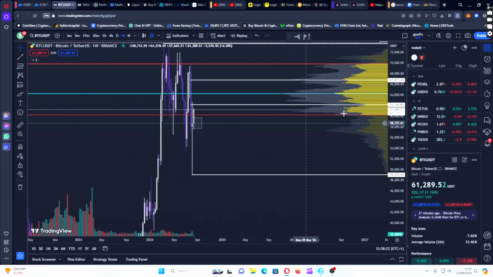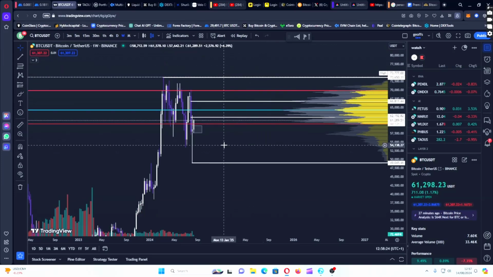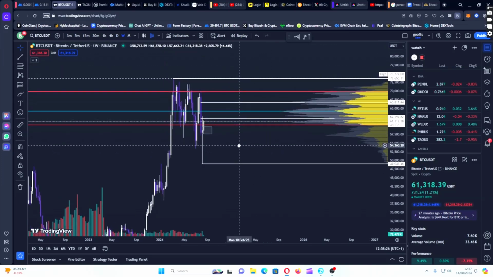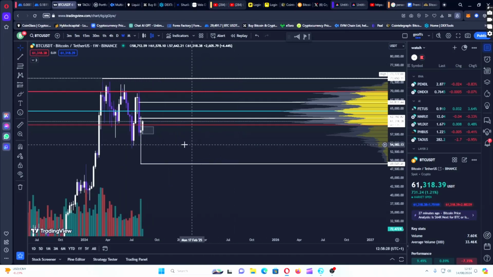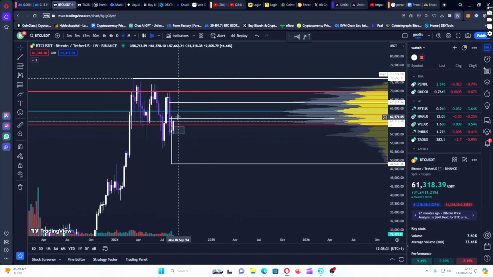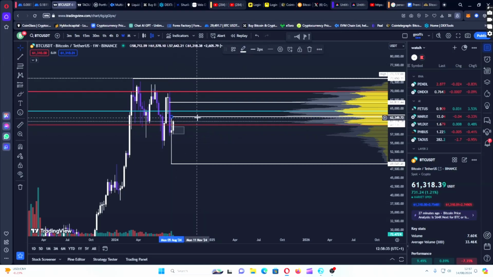Right, so I'll start on the weekly most of the time. I'll have a look at where certain liquidity lies. On the weekly, we can clearly see we've got high level liquidity at this zone here at around 62,719.